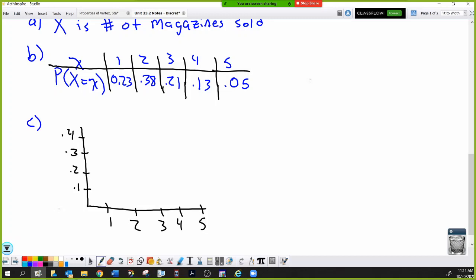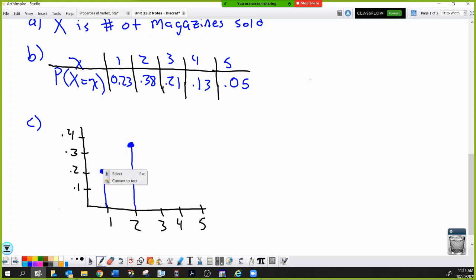1 corresponds to 0.23, so just a hair above 0.2. Put a little ball on the end of a stick, like a little lollipop. Spike graph. 2 is almost 0.4, so a lollipop right below 0.4 to the best of your abilities.